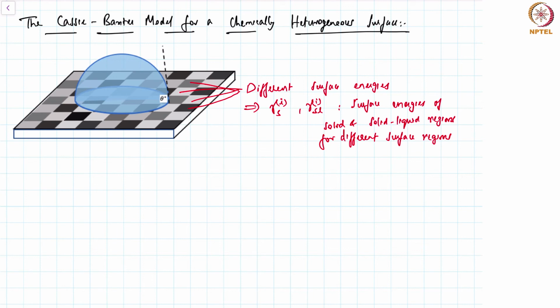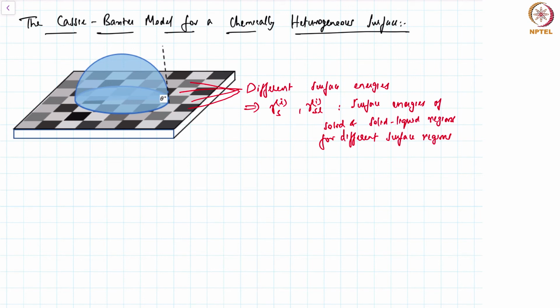So we have different surface regions. The surface regions are roughly modeled in this checkerboard pattern, but it is not necessarily a checkerboard pattern. It could be any other pattern, and each of these surfaces have different surface energies.